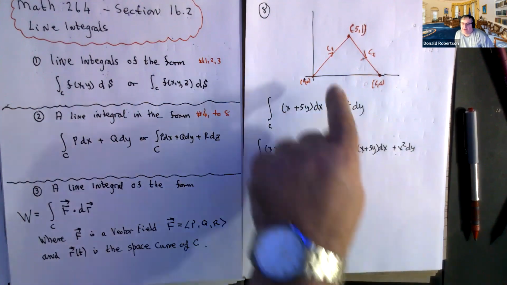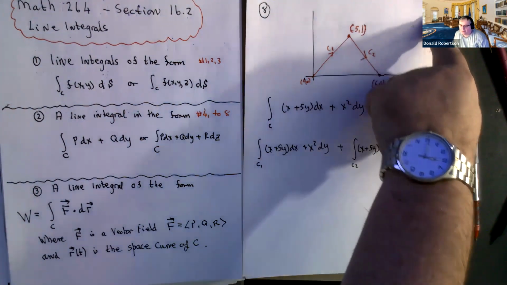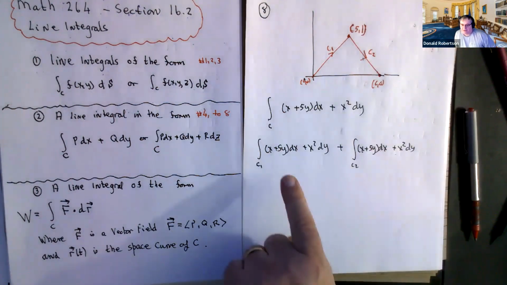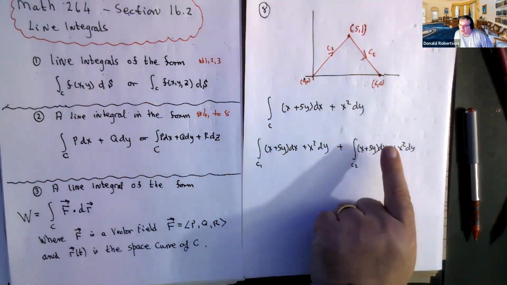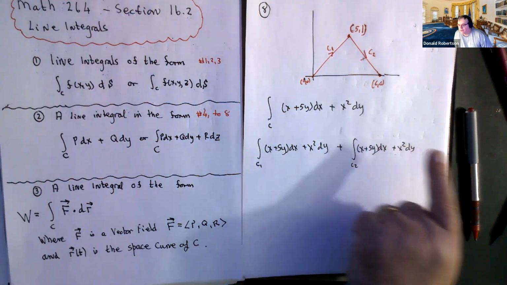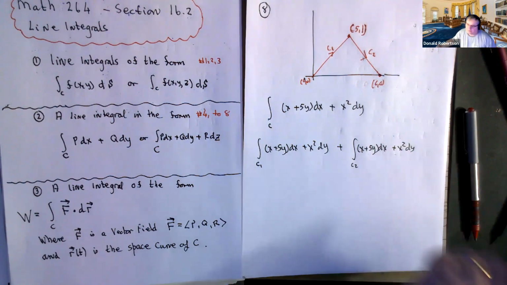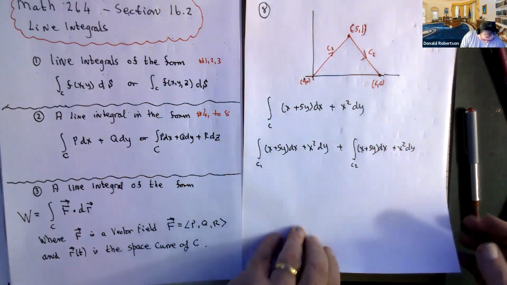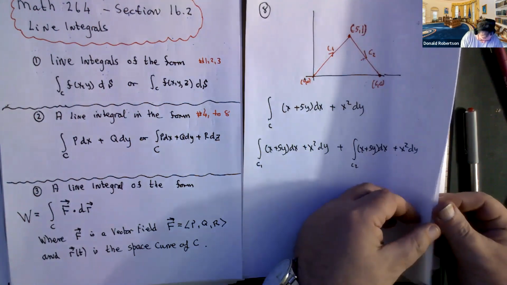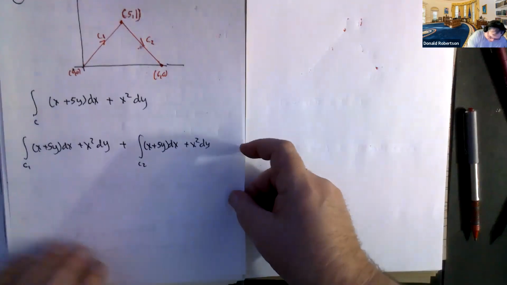Now, technically speaking, if this zigzagged up here and did a third line, wouldn't I break it into 3 pieces? The line integral on the line C1, the line integral on the line C2, and the line integral on C3, and C5 and C25 and keep going. But thankfully, we only have 2.